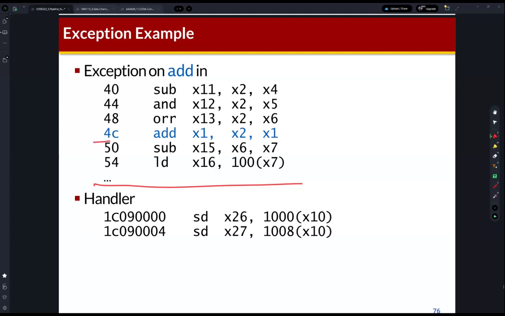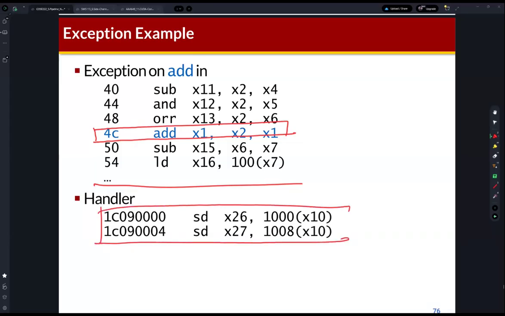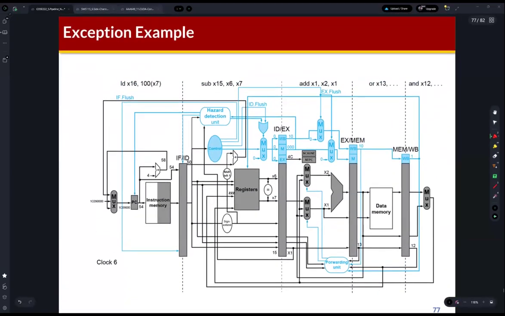So let us assume that this add instruction causes an exception. And this is the exception handler code. This is the PC of the exception handler, and this is the PC of this code. So let's see how the exceptions are handled.